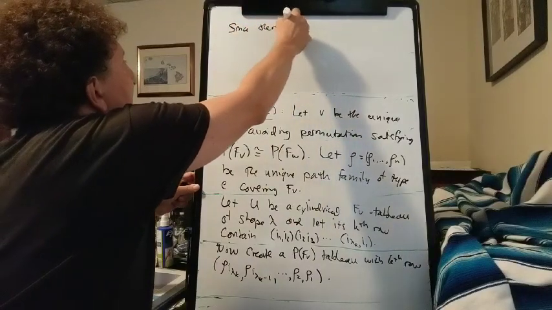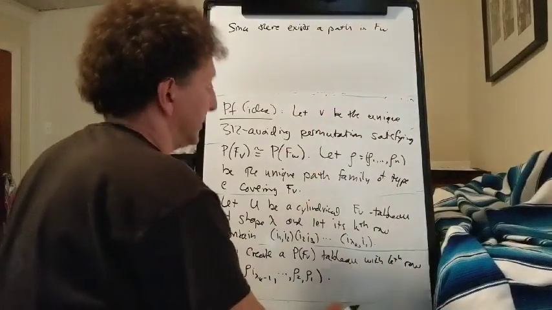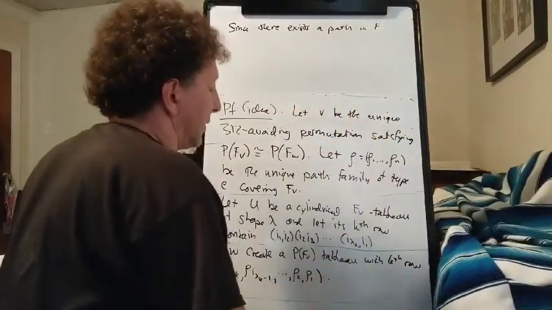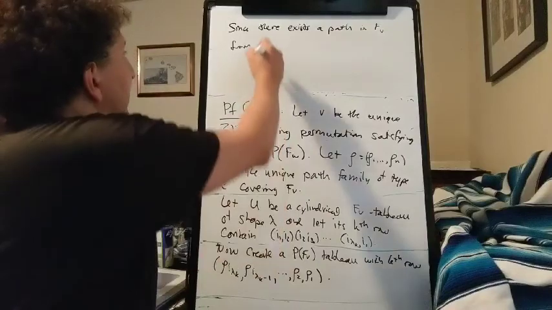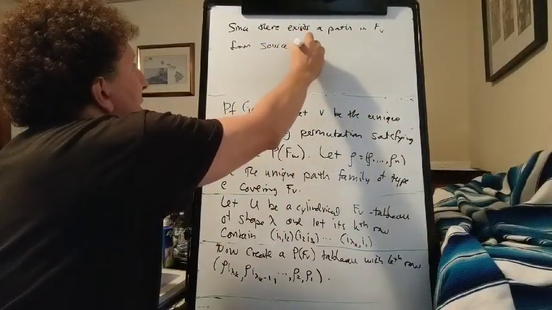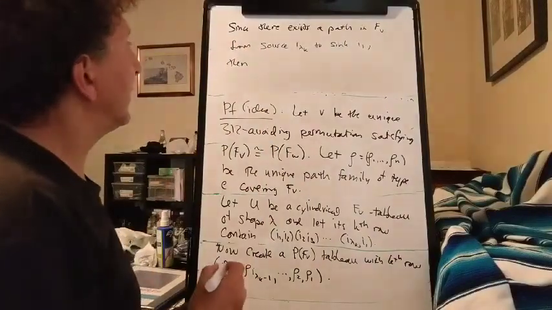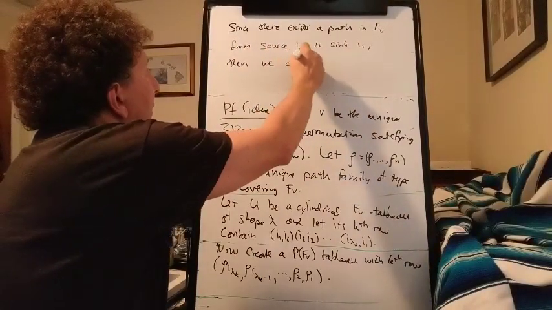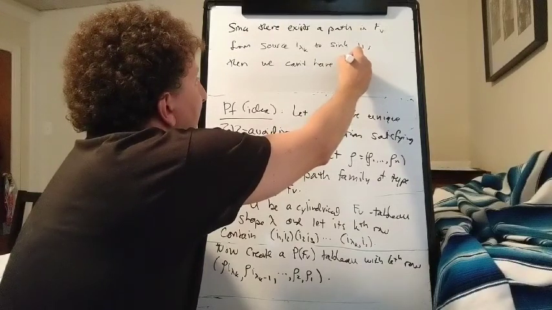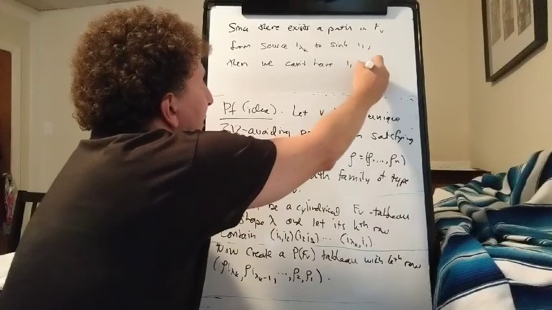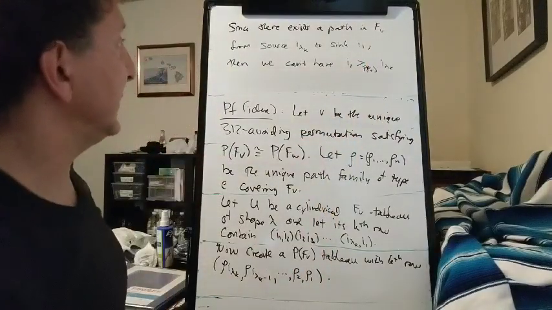Since there exists a path in FV from source I lambda k to sink I1, we can't have I1 greater than I lambda k in the path family PFV.